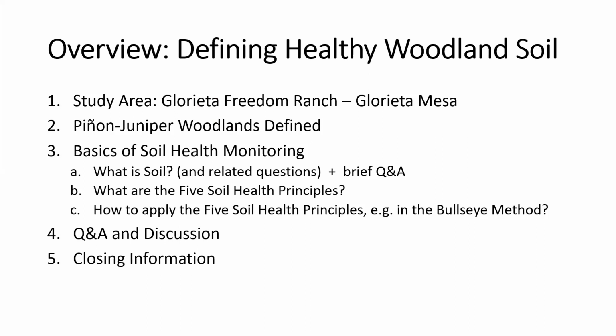And then we're about halfway with possibilities for brief question and answer. Then I'm going into the 5 soil health principles as they are developed by the New Mexico Department of Agriculture, and how these 5 soil health principles can be applied through monitoring and land management. And that ends our presentation for today with questions and answers.